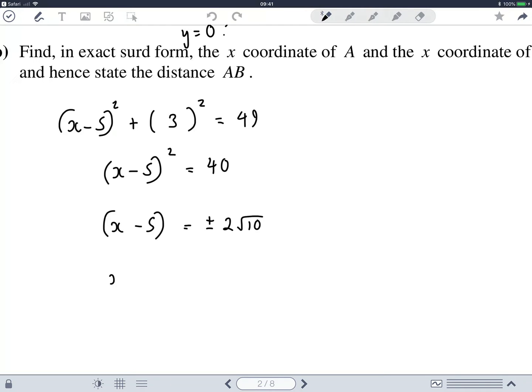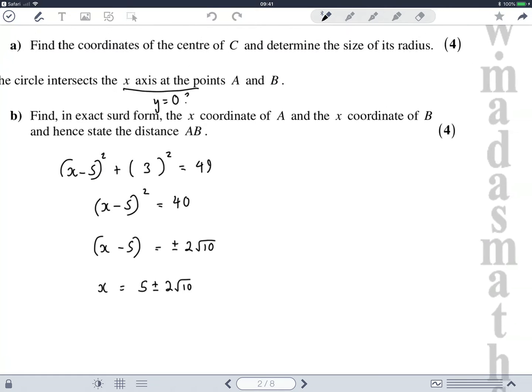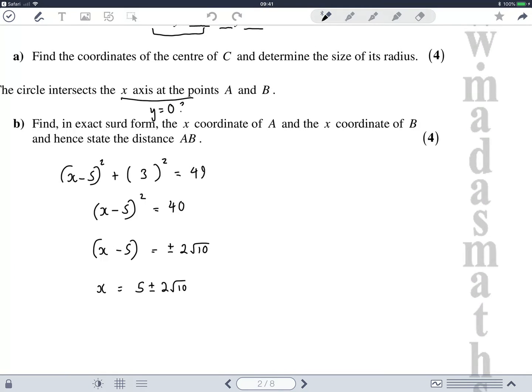And then if we add 5 to both sides, I get x equals positive 5, give or take 2 root 10. So the x-coordinate of A and the x-coordinate of B is 5 plus 2 root 10 and 5 minus 2 root 10.